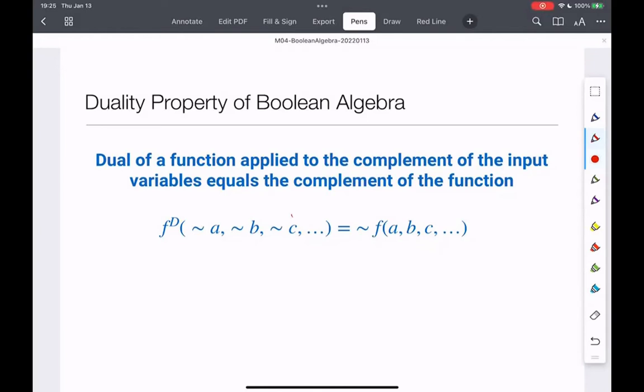So input flipped, fed into the dual, gives the same result as inputs given to the original function, but then flipped at the output. Or you could equivalently write it as: flip the inputs, feed them into the dual, flip the output, and that is the same as the original function.